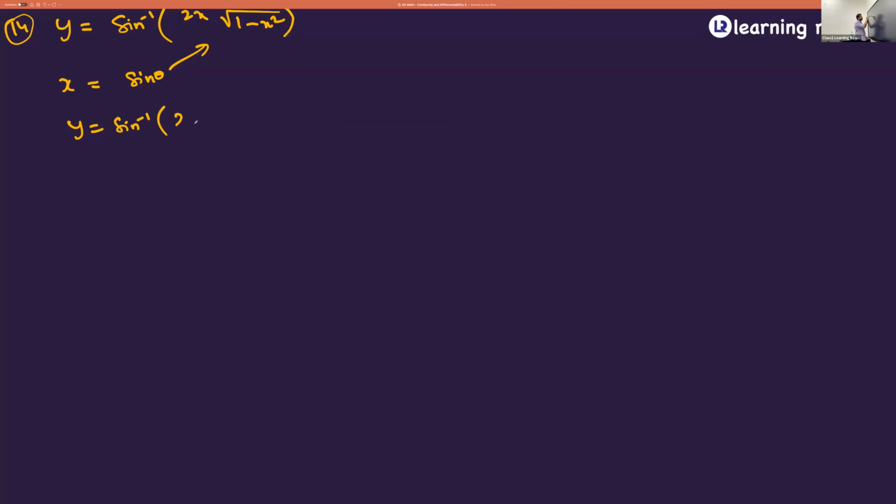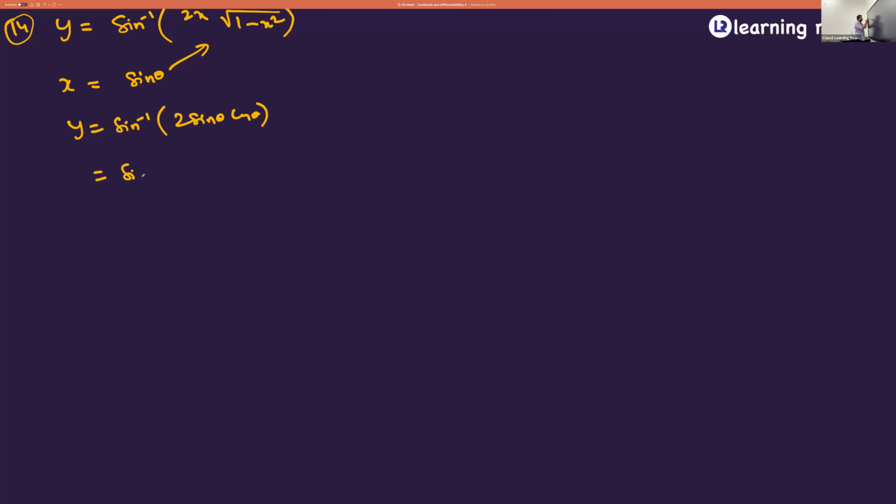So 14th. Sorry. Y is equal to, so you'll put x is equal to sine theta. So y will be equal to sine inverse of 2 sine theta cos theta.